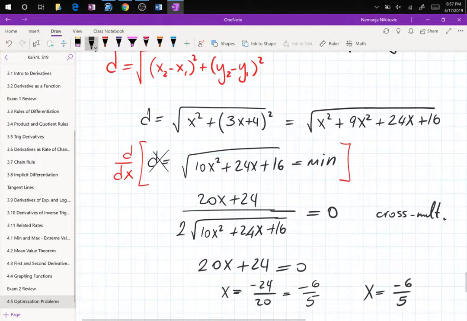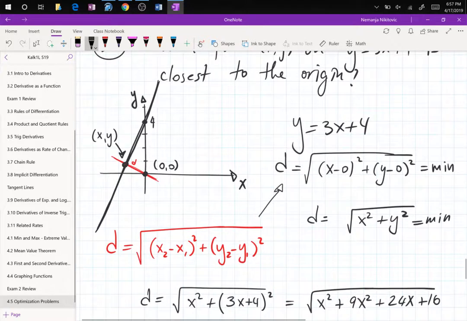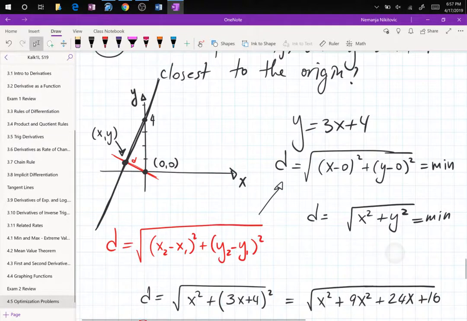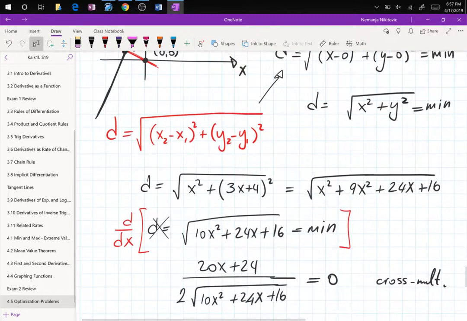Guys, that's a location. Does it make sense for it to be negative? Yeah, look at the picture. That's a negative x value there. And we are expecting what kind of y value? A positive y value, right? Because that's the way the picture goes.